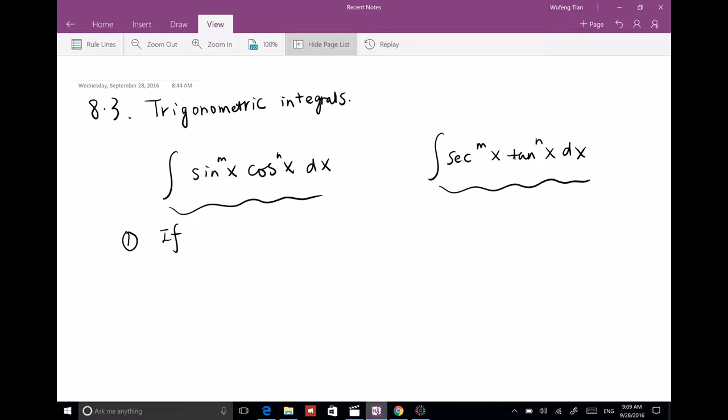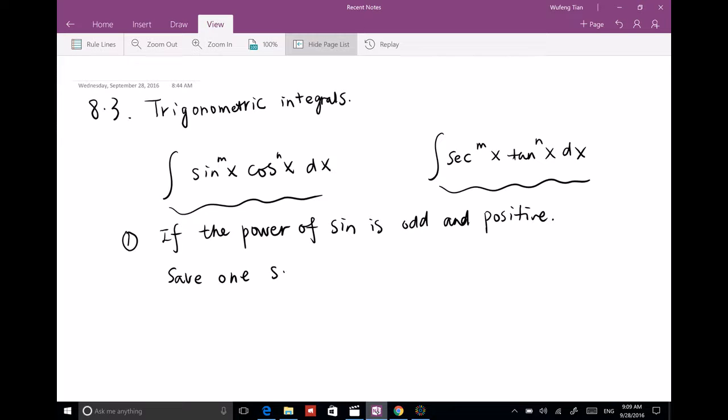if the power of sine is odd and positive, save one sine and convert the remaining factors to cosine.